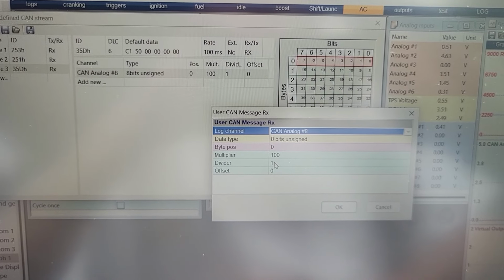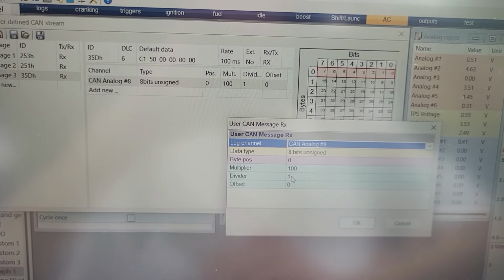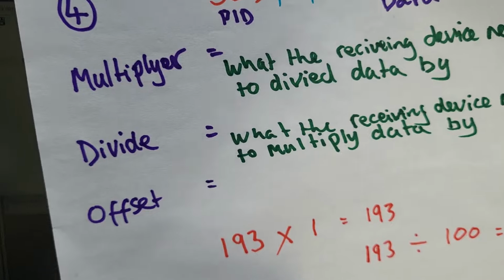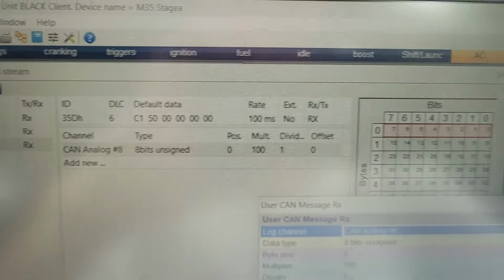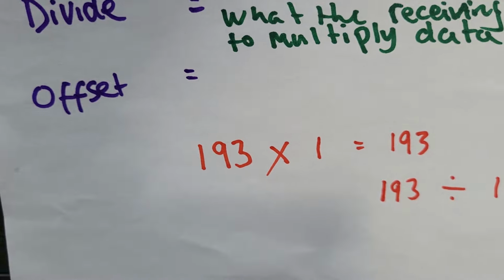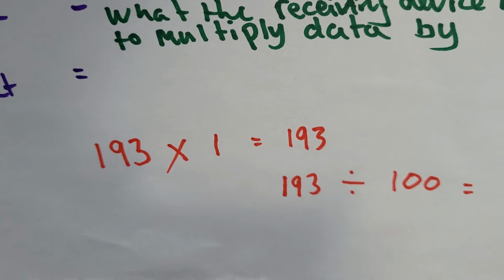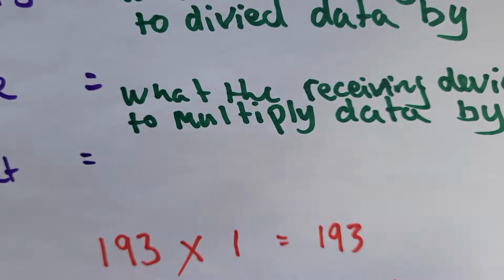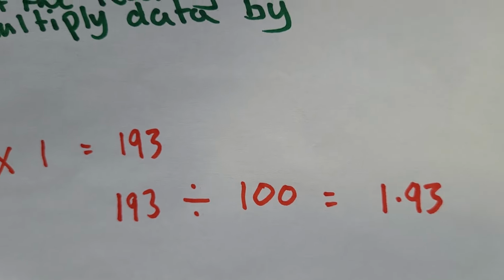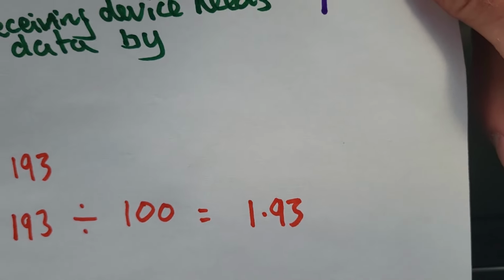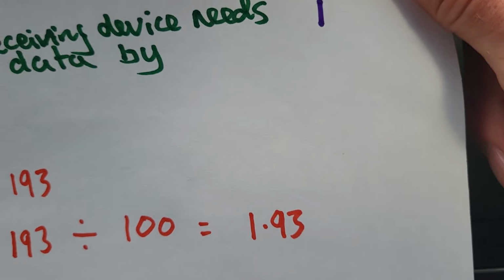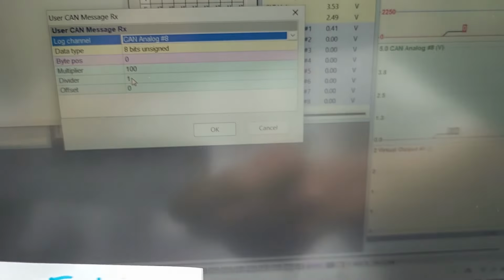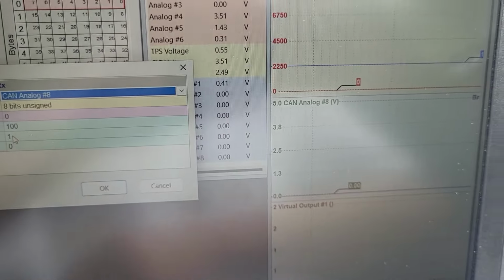So I need to take that 193 that we calculated, and my divider is 1, so 193 divided by 1, nice easy math, is 193, and then my multiplier is 100, so 193 divided by 100 equals 1.93, and that's a really nice number because that's within our 0 to 5 volt or our 0 to 12 volt range, and a CAN analog channel on ECU Master is 0 to 5 volts.